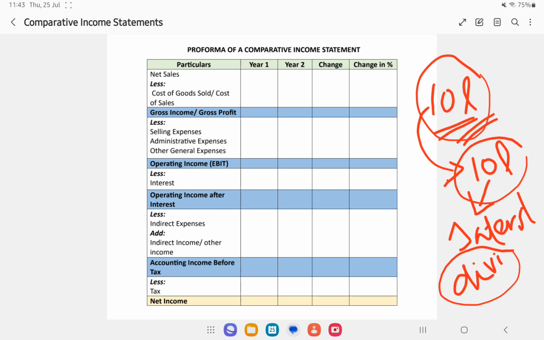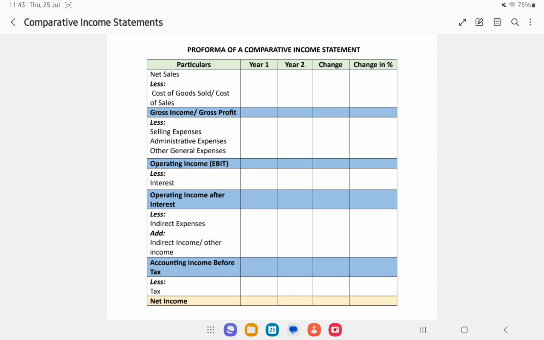We are doing something, we got sales, we got some income from that, we had some surplus amount. With that surplus amount we made another income, not the main income. Such incomes are called indirect income. So if anything indirect is given there, indirect expense or indirect income, we can adjust it here after deducting interest.